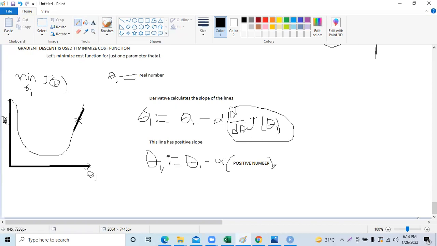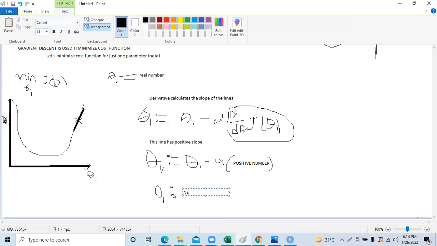What this means is that theta 1 is going to be reduced.